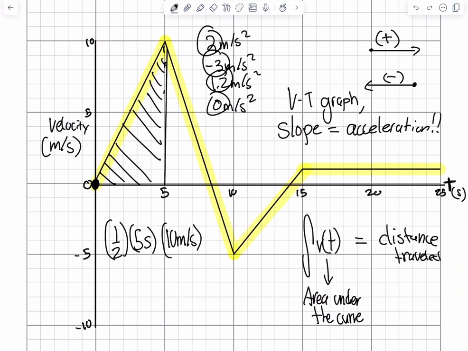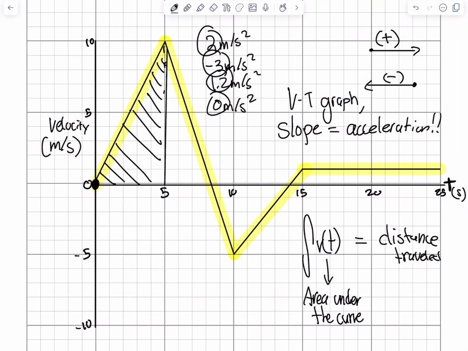We get 25 meters. So, in this section, from 0 to 5 seconds, our object traveled 25 meters. That's really important that we can get distance traveled via area under the curve. Let's try it one more time.